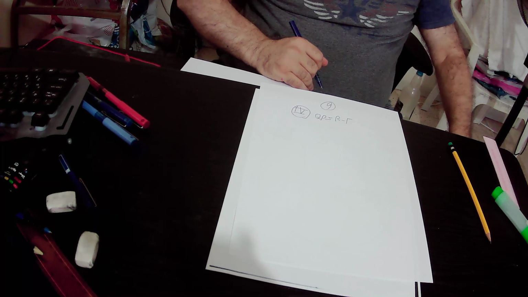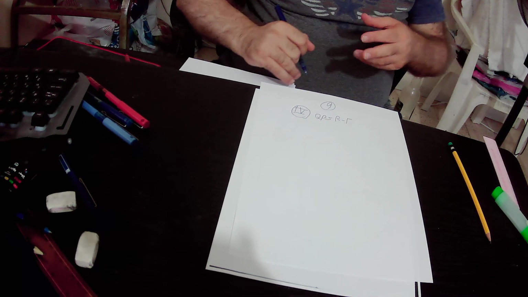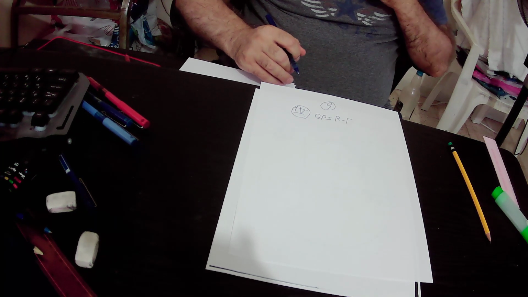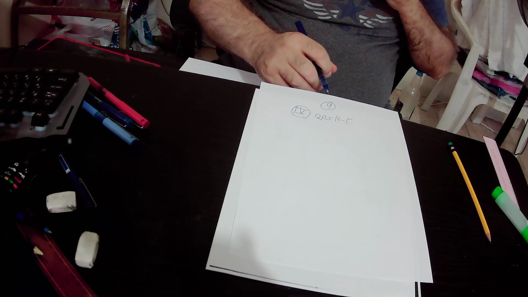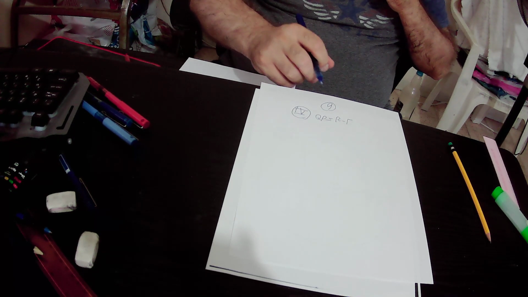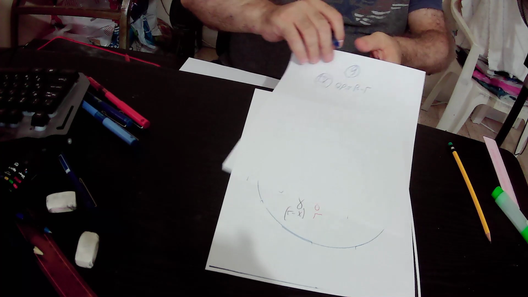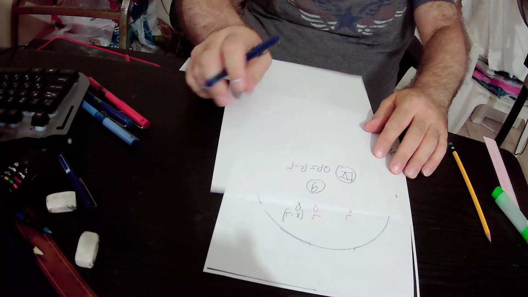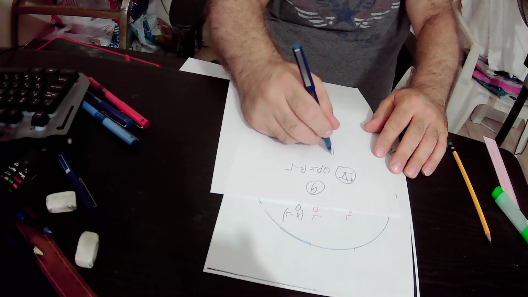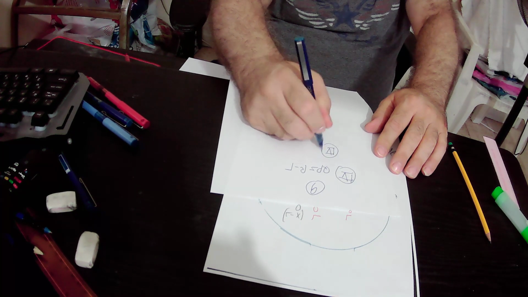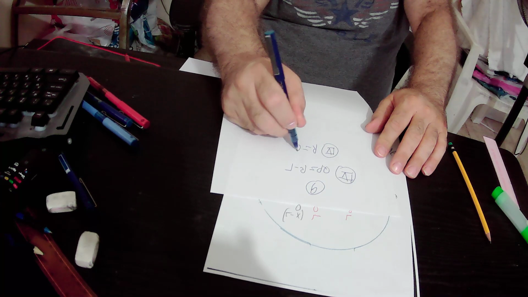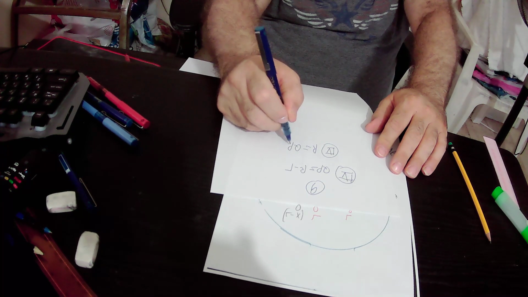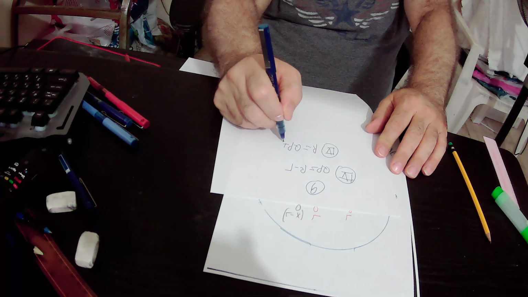Okay, here we will add small r to this equation, and we will get that capital R equals QP plus small r.